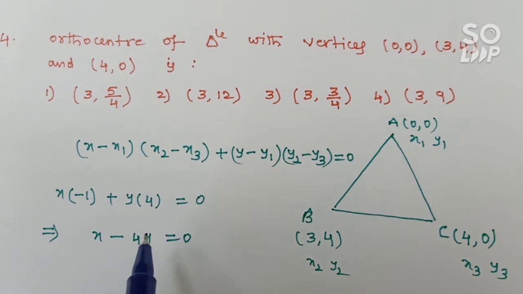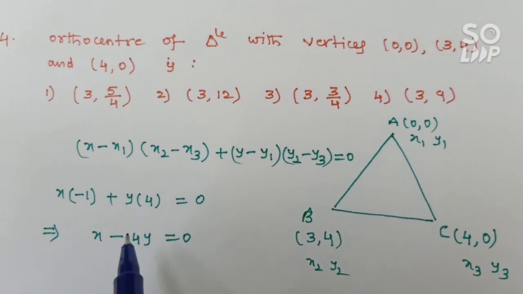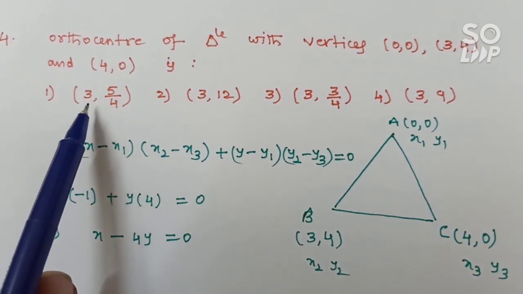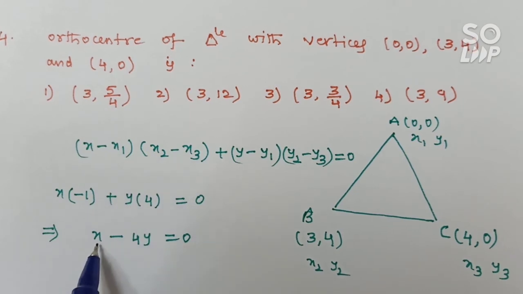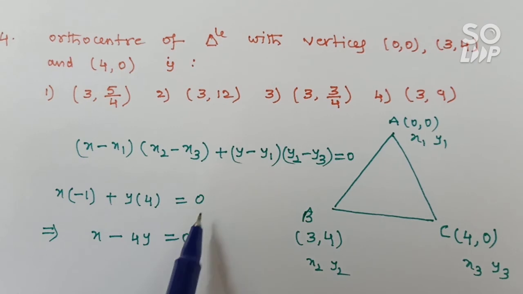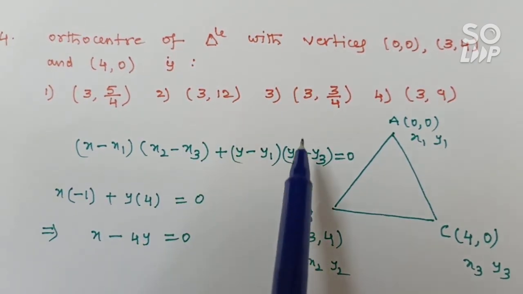Now according to the given options, which point is satisfying this? First take option 1, 3 comma 5 by 4. Here x is 3 and y is 5 by 4, so we get 3 minus 5, which is not equal to 0. Next, 3 comma 12 is also not equal to 0.